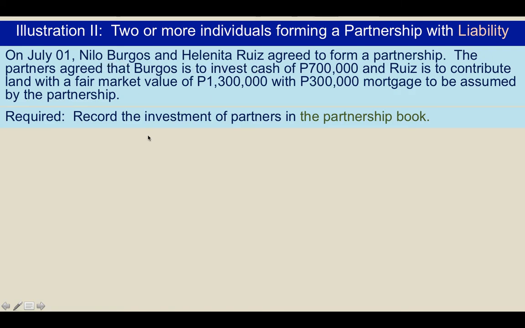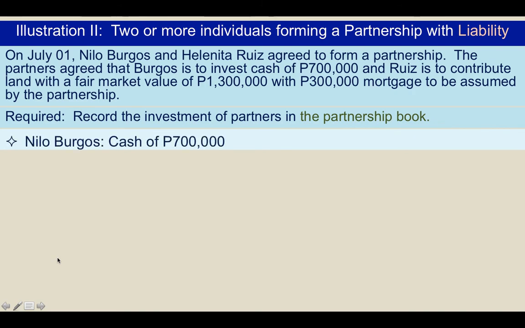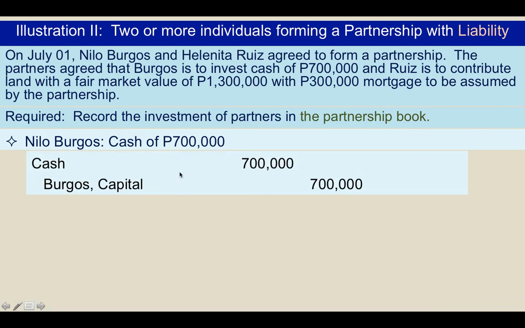What we will be doing is the entries in the partnership book. So Nilo Burgos will invest cash of 700,000. In the partnership book, the partnership will receive cash of 700,000 from Nilo. So the entry will be debit cash of 700,000 and give Nilo Burgos a capital of 700,000.